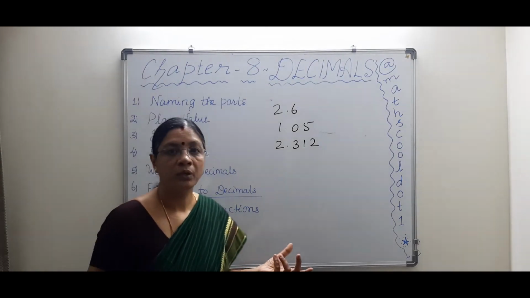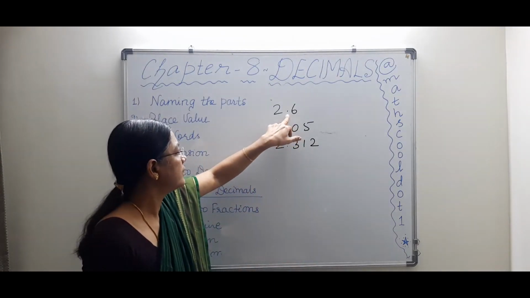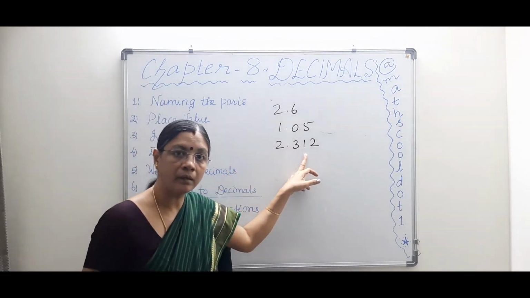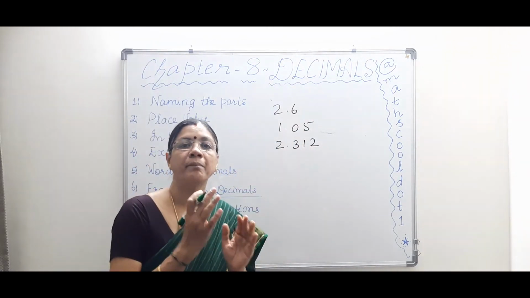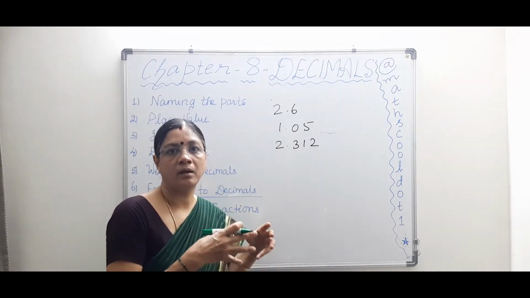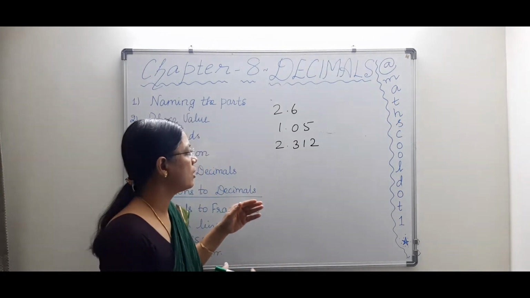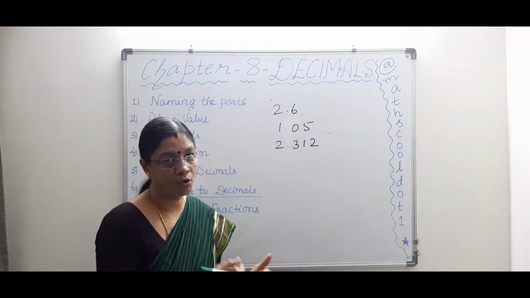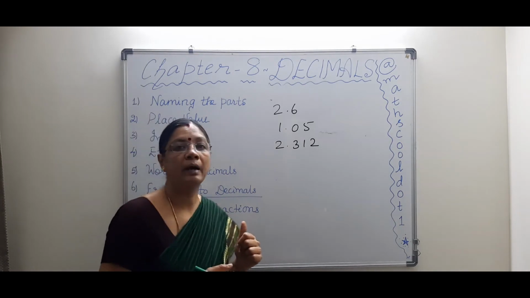As you see, after the decimal point there is only one digit here, here there are two digits and here there are three digits. So if the number of digits in the decimal place are not the same, then they are called unlike decimals.